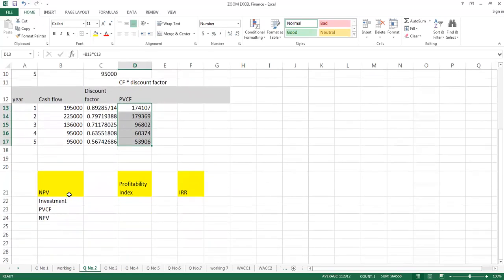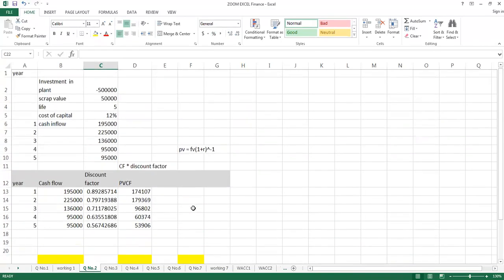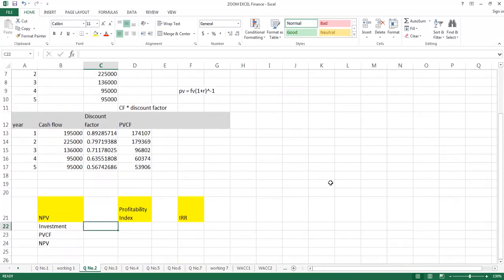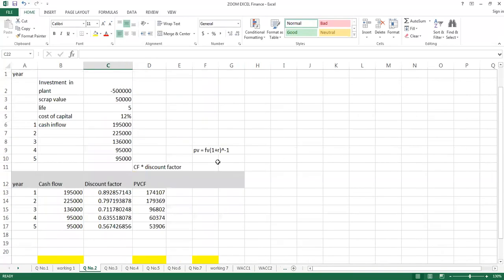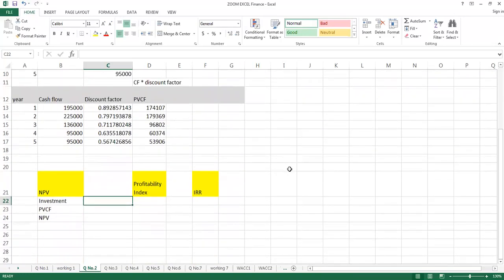Now coming to NPV. Student, to get NPV or net present value, we need investment. So investment is given here, so you can use the same information without any problem. Investment is 500,000.